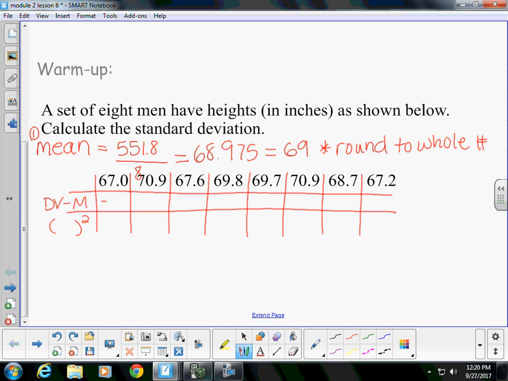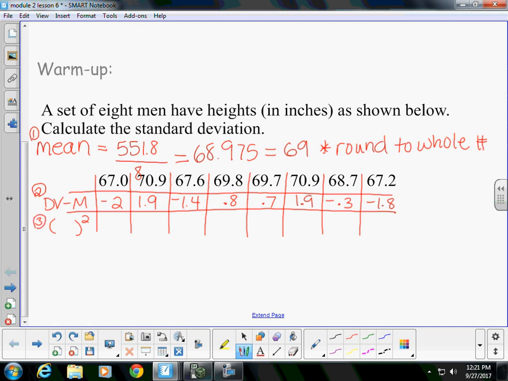First answer is -2. And -1.8. Okay, this is step 2.